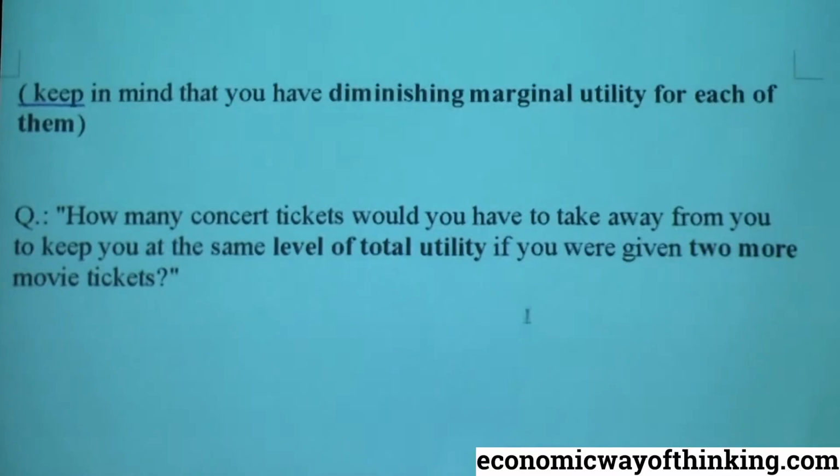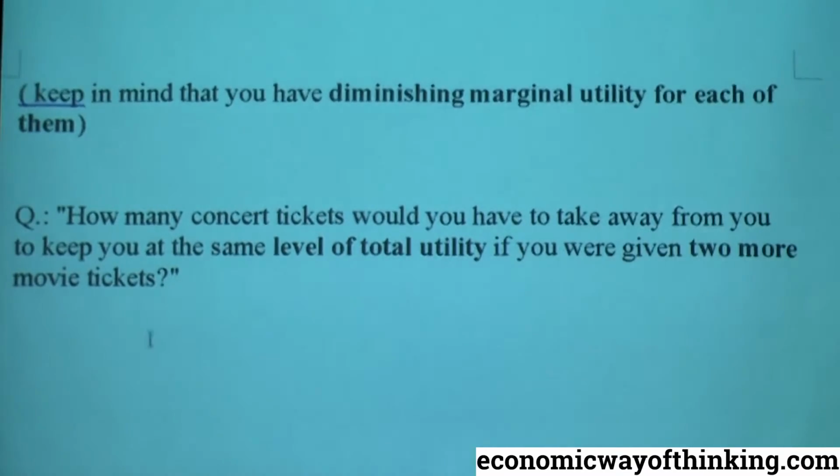And of course, you have to keep in mind that the diminishing marginal utility law will apply for each concert and for each movie. Remember the experiment with the chocolate bar. For each additional chocolate bar, you get less and less additional utility. So that trend will apply to our 2 goods.